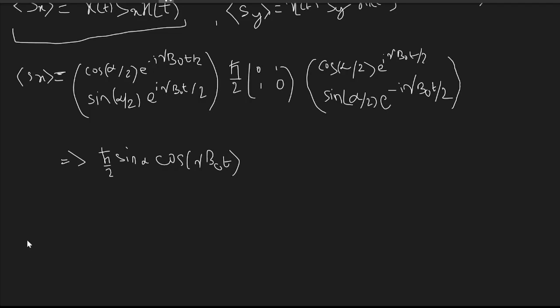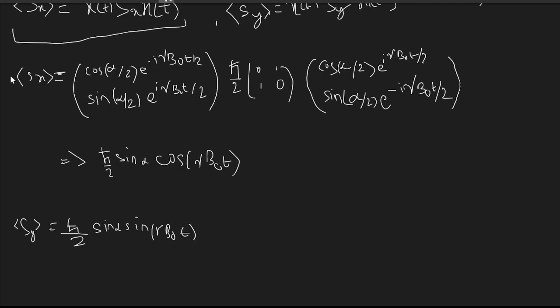Just like this, when you do the calculation for the Sy state, you will see that it is h bar divided by 2 sine alpha, and again sine gamma b naught t.